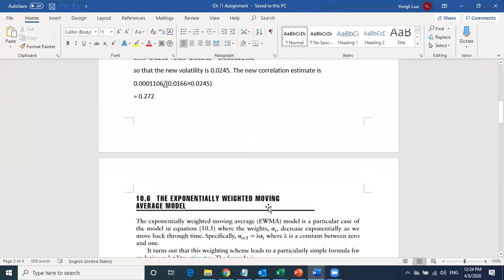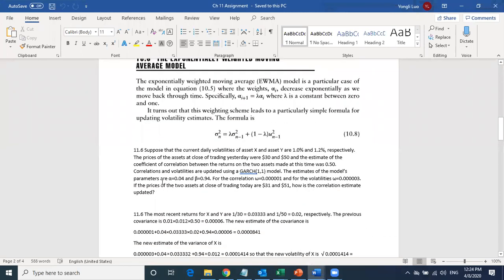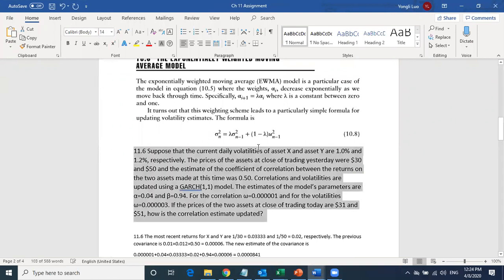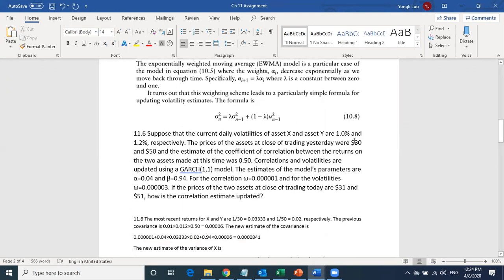Okay, so now we go back to your assignment, which is 11.6. Suppose that the current daily volatility of the assets X and Y is 1% and 1.2%. The prices of the two assets are 30 and 40.